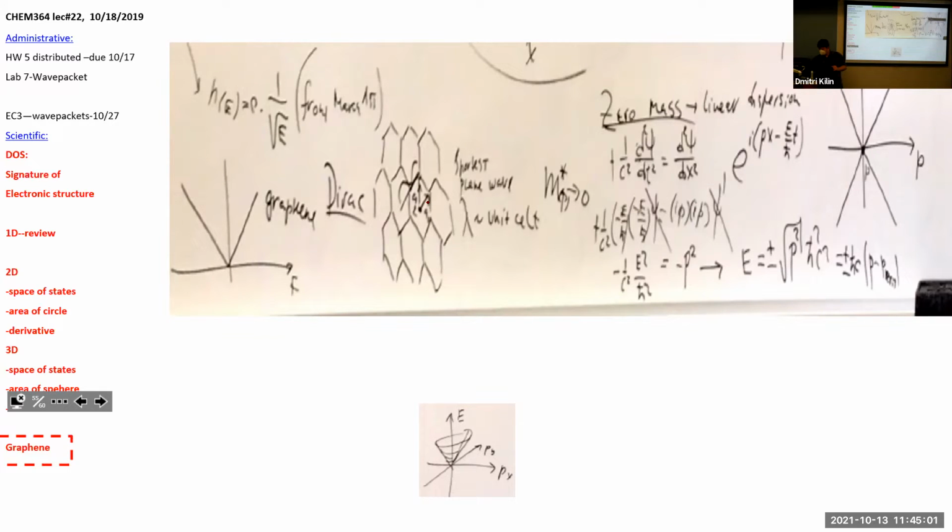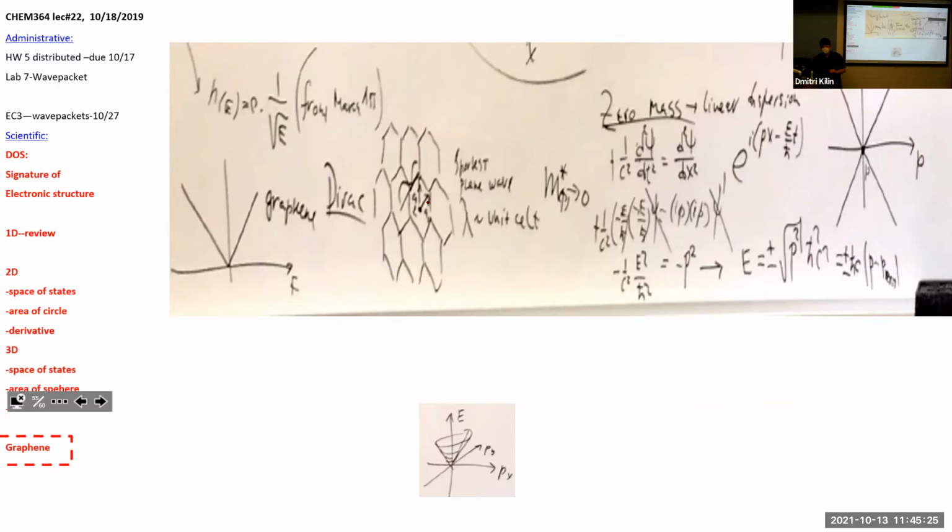There is a little thing which you can close your ears and not hear. Some 2-dimensional objects do not have a flat density of states, and the simplest of them is immediately this example. Graphene has a different shape of density of states because it has non-standard momentum dispersion.